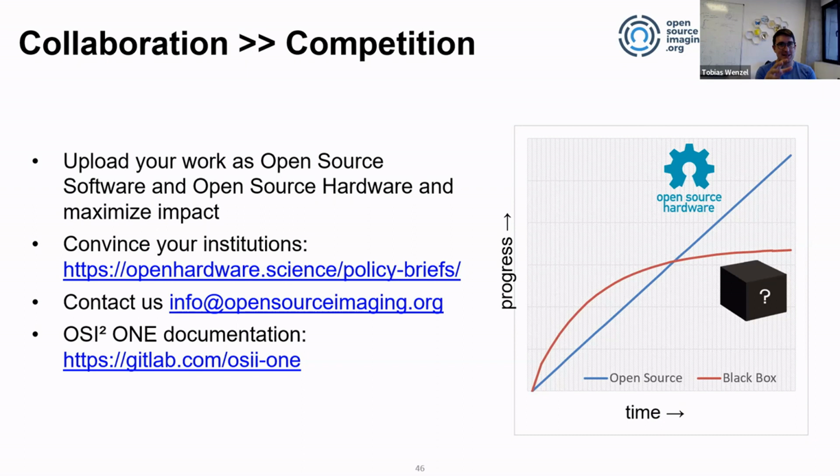So now I have 3 Red Pitayas together, so they have 6 analog inputs. It's still not that much. Yeah, exactly. But I would say this is probably one of the biggest drawbacks. But there are some efforts to daisy chain a couple of them together, and then we will see.